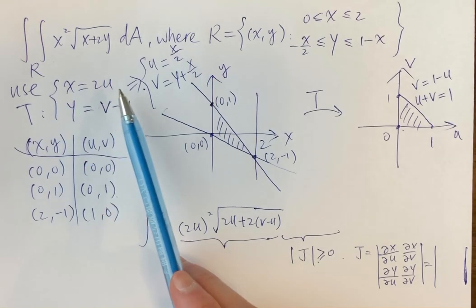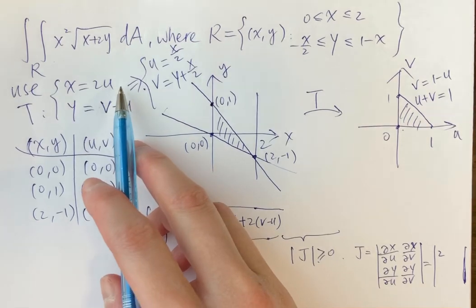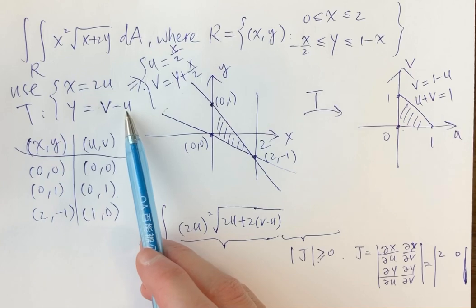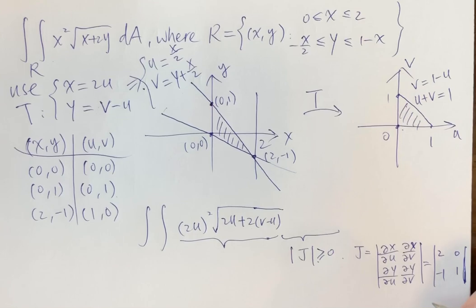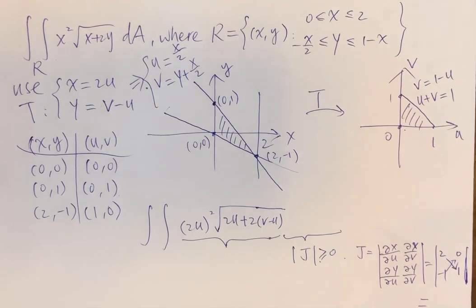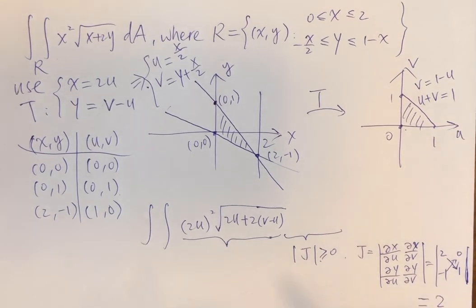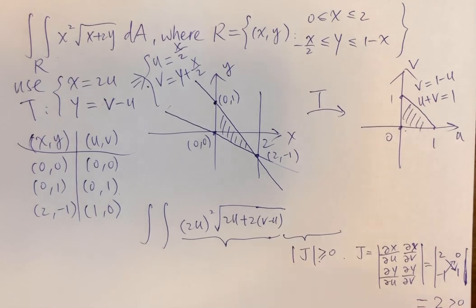So x over u is 2. x over v, there's no v, so 0. y over u is negative 1. y over v is 1. So we end up getting, we multiply the diagonals and subtract. So 2 minus 0, which is 2. And it's already positive, so no need to take the absolute value. So this part will be 2.